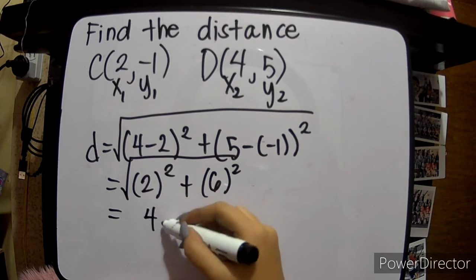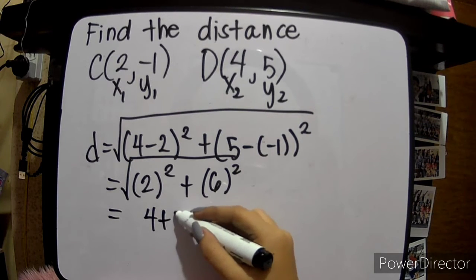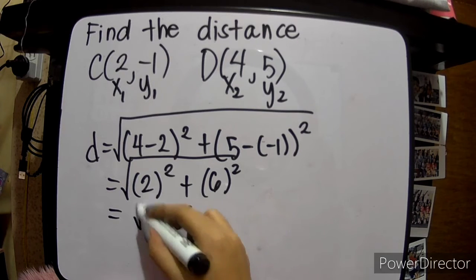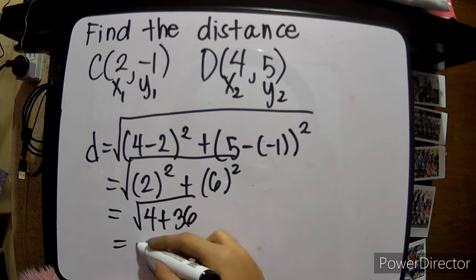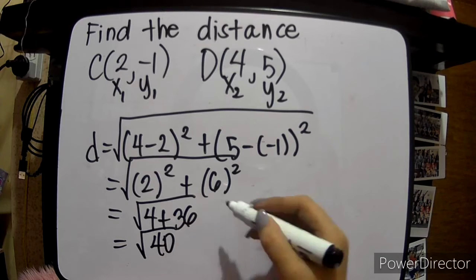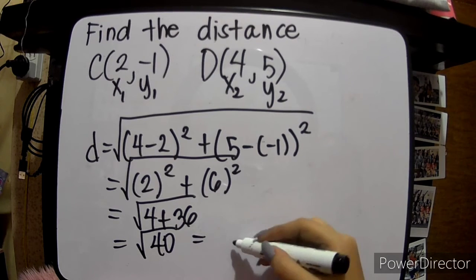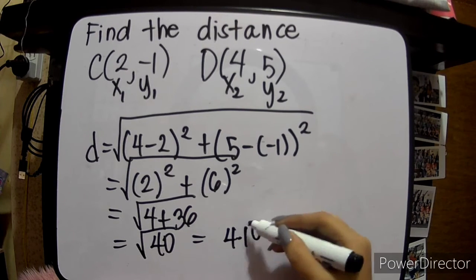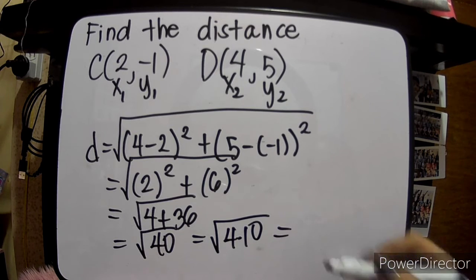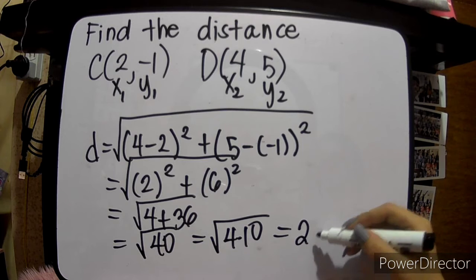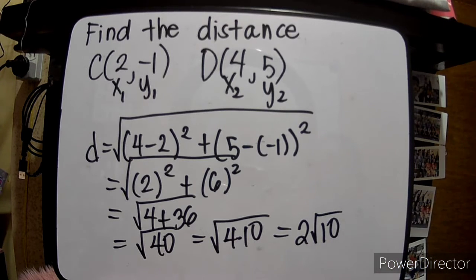So let's solve. 4 minus 2 is 2, so that's 2 squared, plus 5 plus 1 will give 6, and then square. So we have 4 plus 36, and that is 40. And ang factor po ng 40 is 4 times 10, where 4 is a perfect square, so 2 square root of 10.